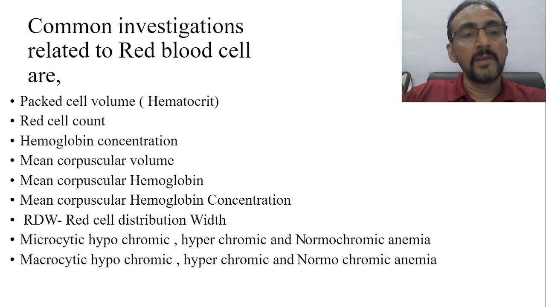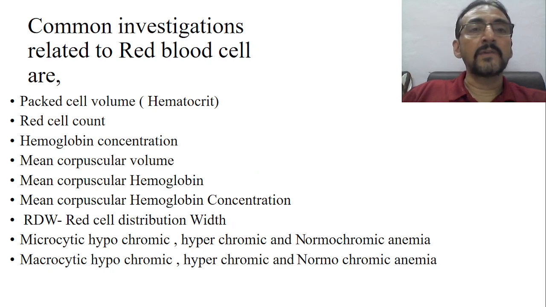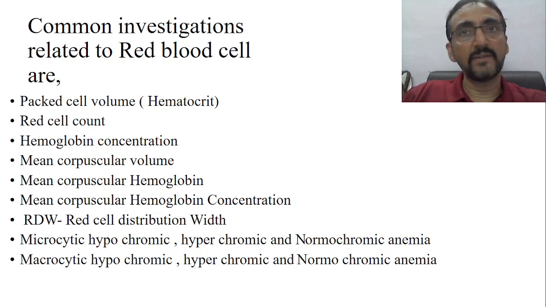If you look into the common investigations related to red blood cells, one is packed cell volume. Packed cell volume is also called hematocrit value. Another is red cell count, total RBC count. Next comes hemoglobin concentration.